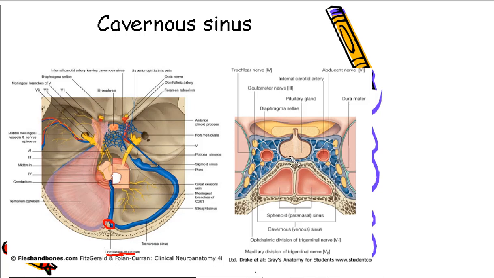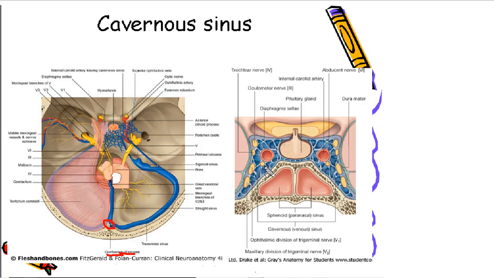And passing through the cavernous sinus are some very important structures. We have the internal carotid artery, which passes through the cavernous sinus. It's separated from the blood of the cavernous sinus by endothelial tissue. And along with this internal carotid artery, we have the abducent nerve, the sixth cranial nerve.